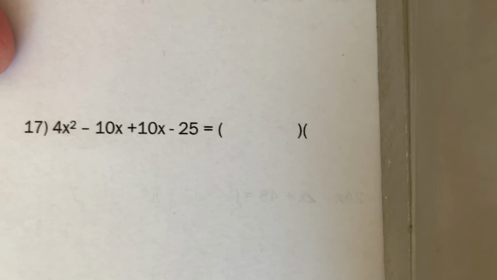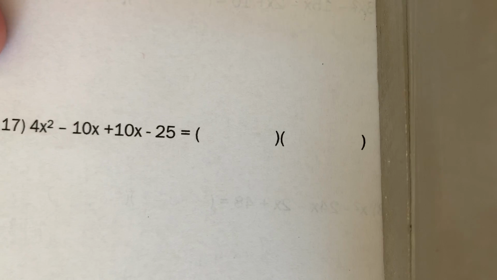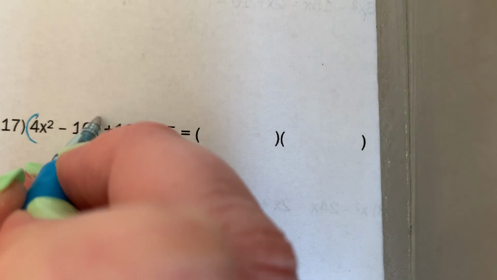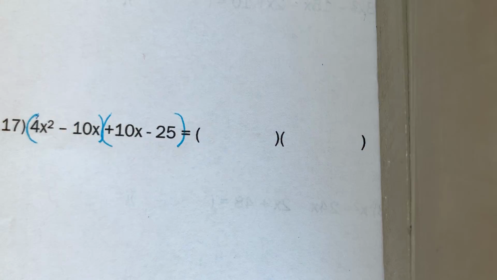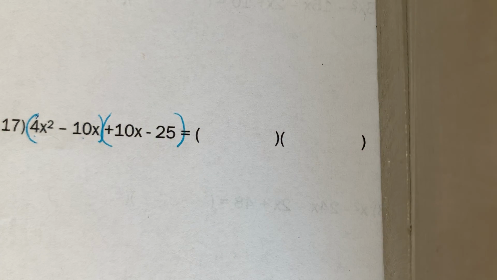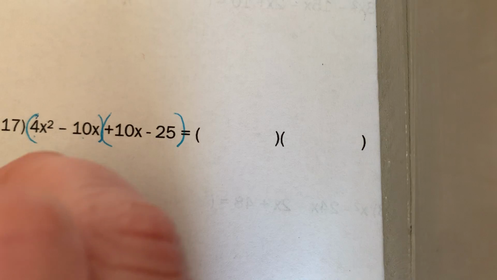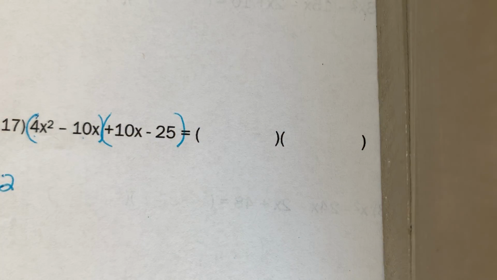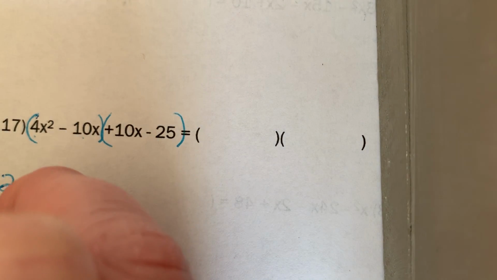Let's see if there's any on the back that I want to do. Let's just do number 17, and then I'll let you do the rest on your own. So go ahead, group the first two together, the second two together. So looking, what do 4 and negative 10 have in common? So in this case, the only thing that they have in common is a 2, and they also have an x in common.